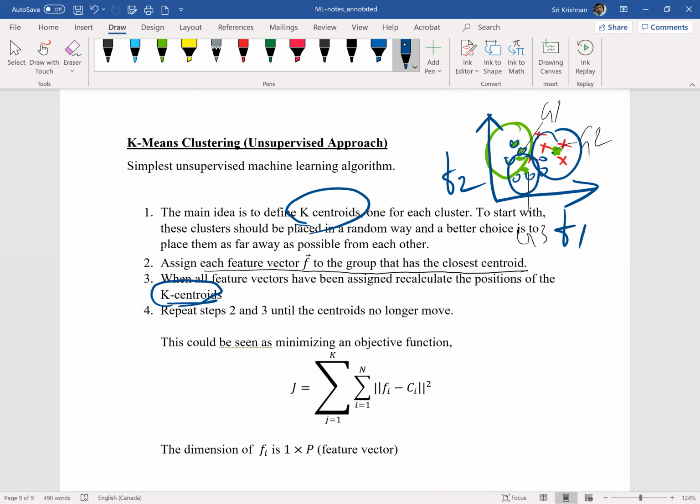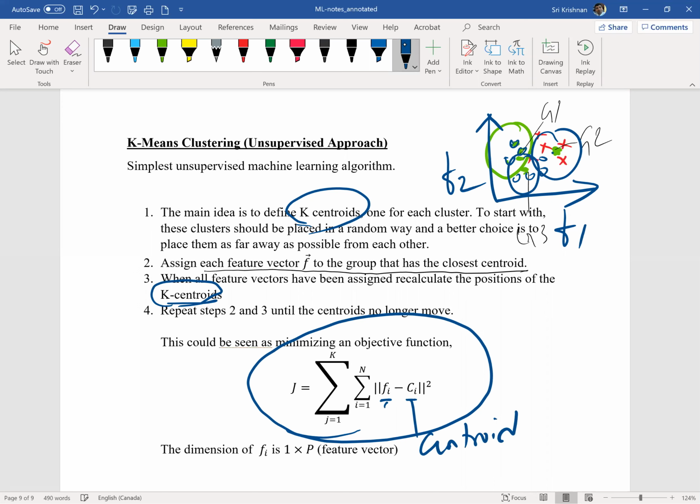The whole process could be seen as optimizing this objective function. Again, it's an optimization problem. Some people call it a loss function. We will be minimizing this objective function, J. If this is your feature vector f and this is your centroid, then this is the distance that we are taking.